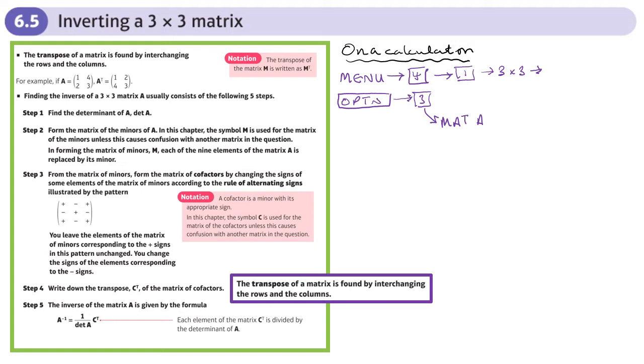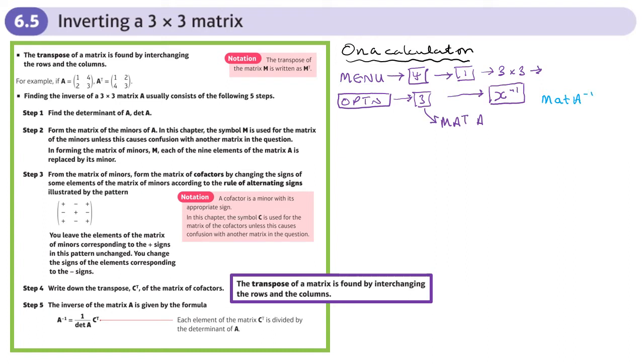It says matrix A. Now from here I'm going to press the x to the -1 button, which is underneath your x squared button. If I press that button directly afterwards, it will say something like Mat A with a little -1 there.